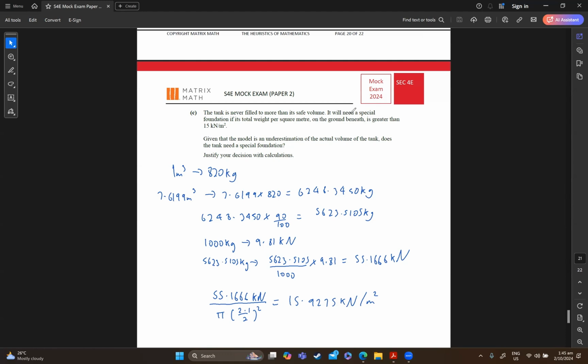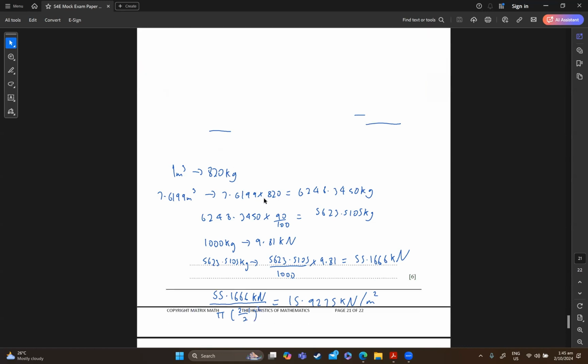Okay, so if you read the question, it will need special foundation if it's greater than 15 kilonewtons per meter square. So we already calculated and found out that it's more than 15 kilonewtons per meter square. So justify your decision now. Okay.